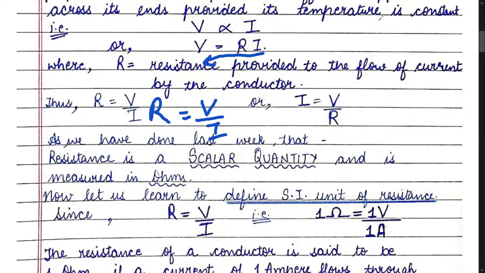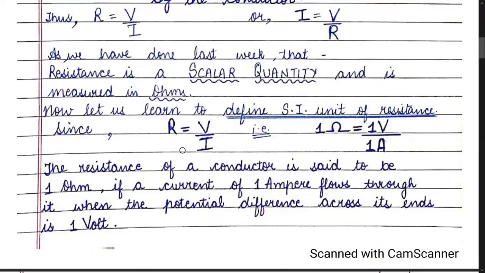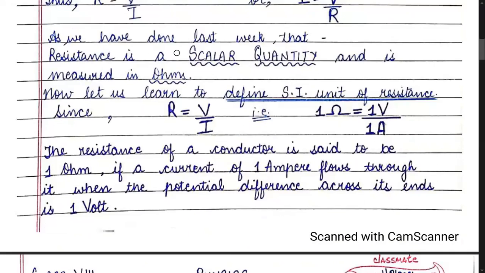So students, as we have already learned last week, resistance is a scalar quantity. It is not a vector. Resistance is a scalar quantity and it is measured in ohms. The SI unit of resistance is ohm.